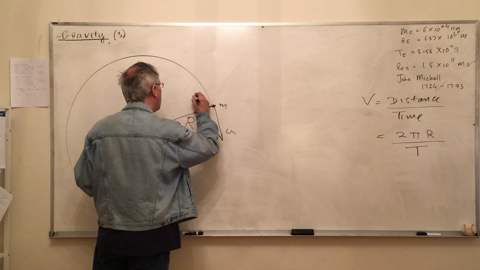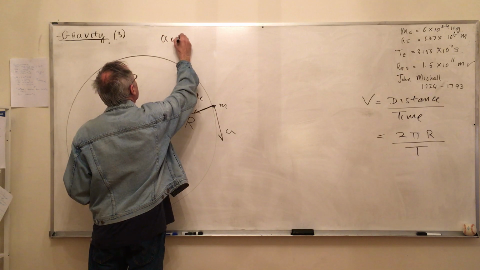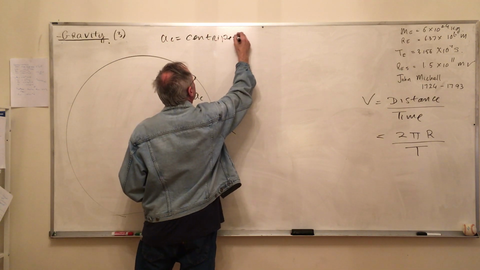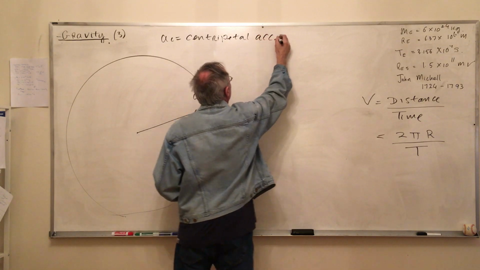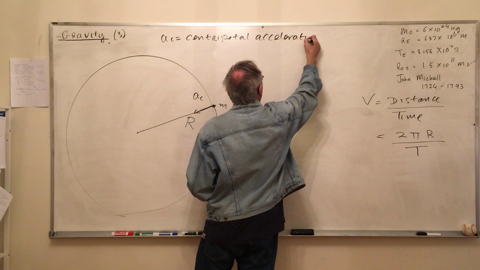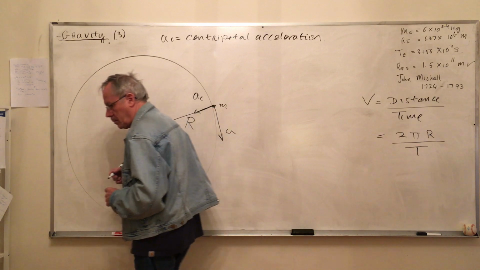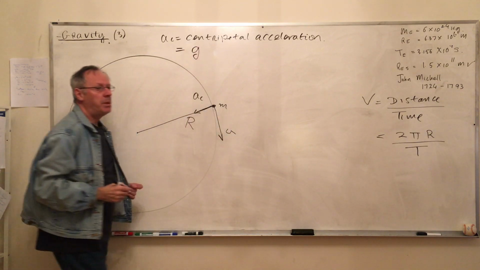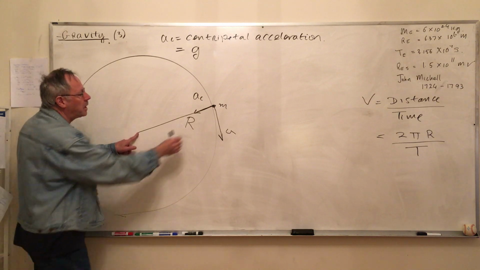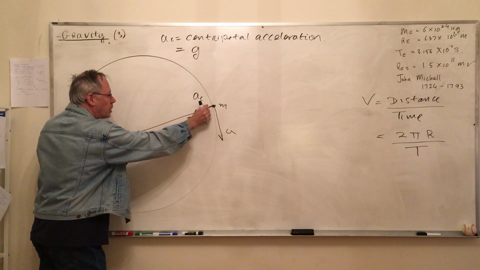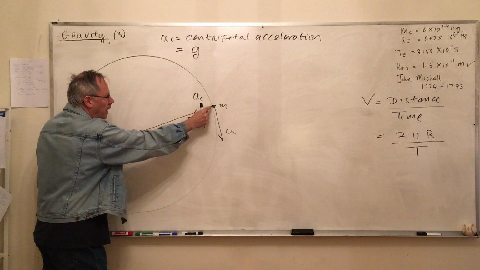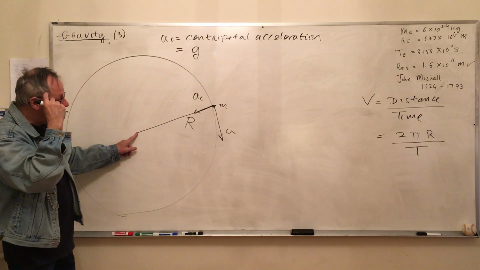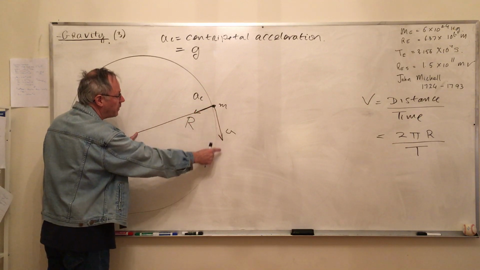That's supplied by the gravitational force, because this acceleration is the acceleration due to gravity. At any point here, this mass is experiencing the acceleration due to gravity, even though it has this velocity v.